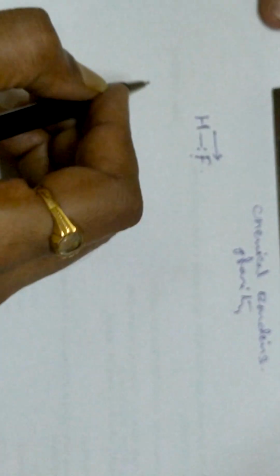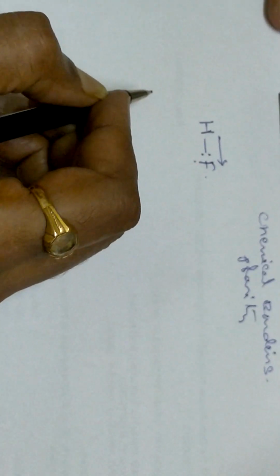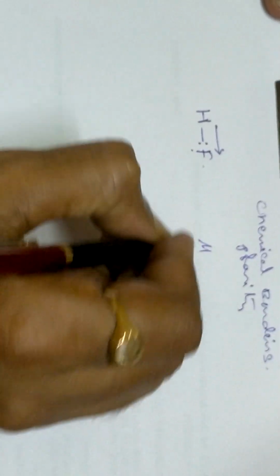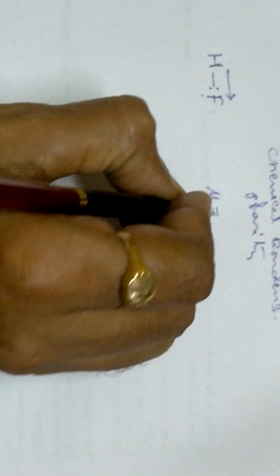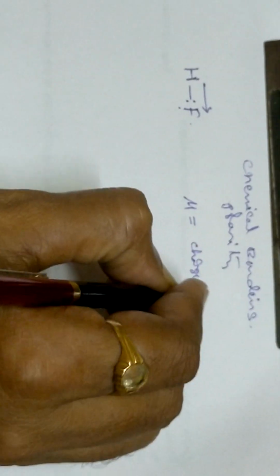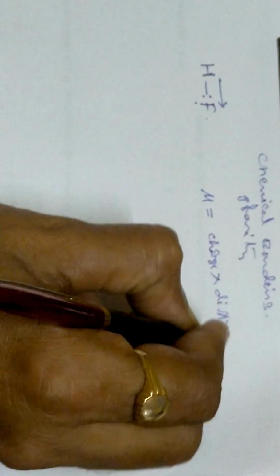This was represented by the scientist Peter Debye as a dipole moment. The dipole moment symbol is mu, equal to charge into the distance between the two nuclei.